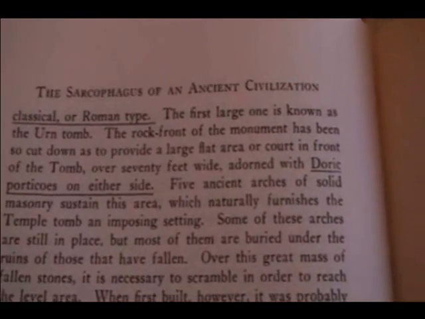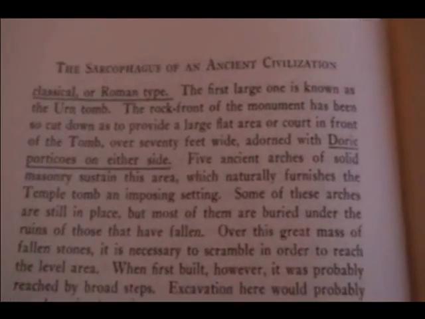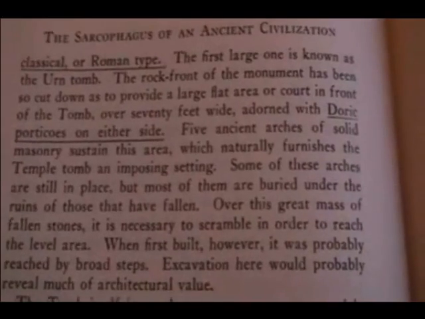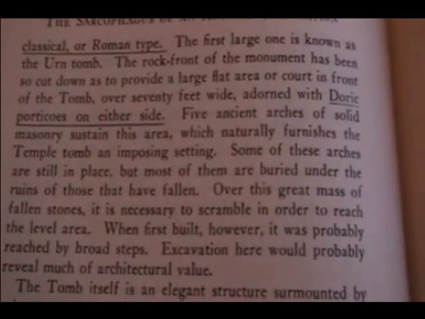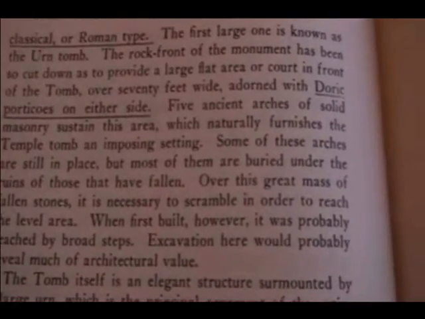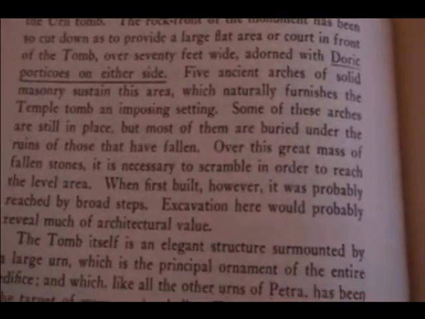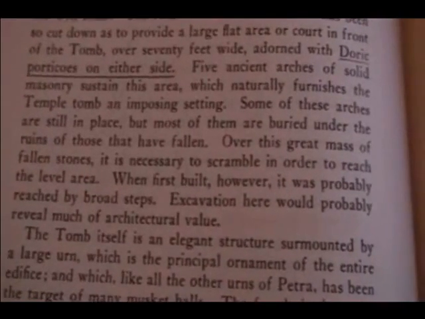There's dates when these styles came about. 5 ancient arches of solid masonry sustain this area, which naturally furnishes the temple tomb an imposing setting. Some of these arches are still in place, but most of them are buried under the ruins of those that have fallen. Over the great mass of fallen stones, it is necessary to scramble in order to reach a level area.